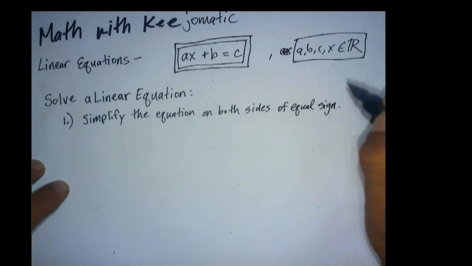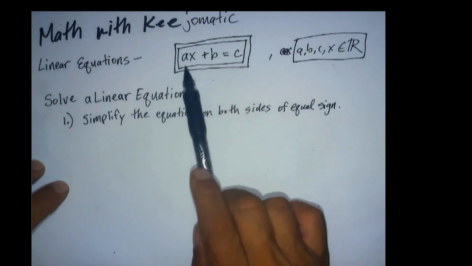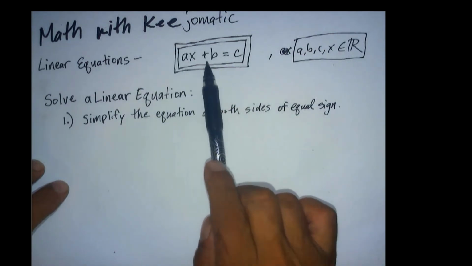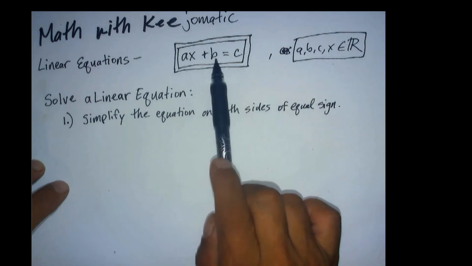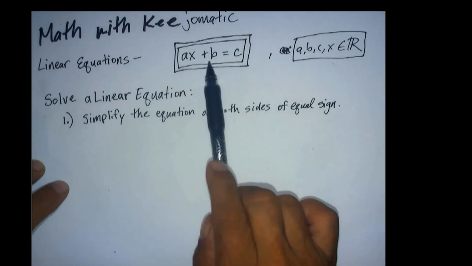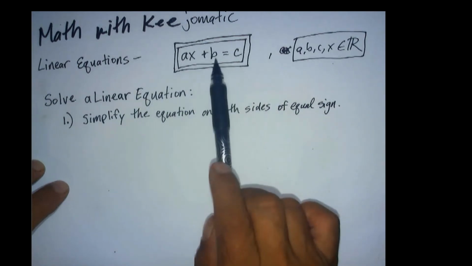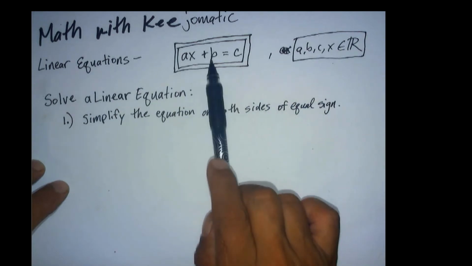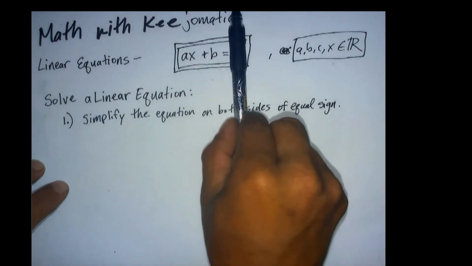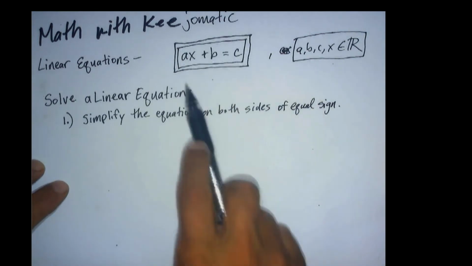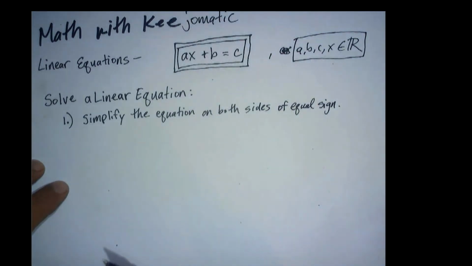So in other words, if there's more than one like term or something that needs to be combined, combine all the like terms and get rid of all the parentheses, make it of this form. Okay. So you want it to be like this on one side, and then you want it to be like this on the other side if there's other things like that.